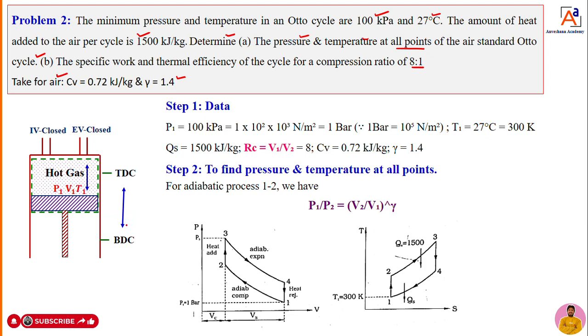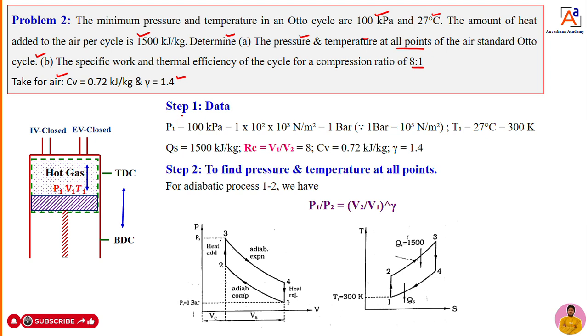To get expansion, we need to do some heat addition. Once the work is done, we need to remove the heat, that is heat rejection. So heat addition, heat rejection, compression and expansion, four processes play a very important role in the Otto cycle. Those four processes are well explained by the great scientist Nicholas Otto.